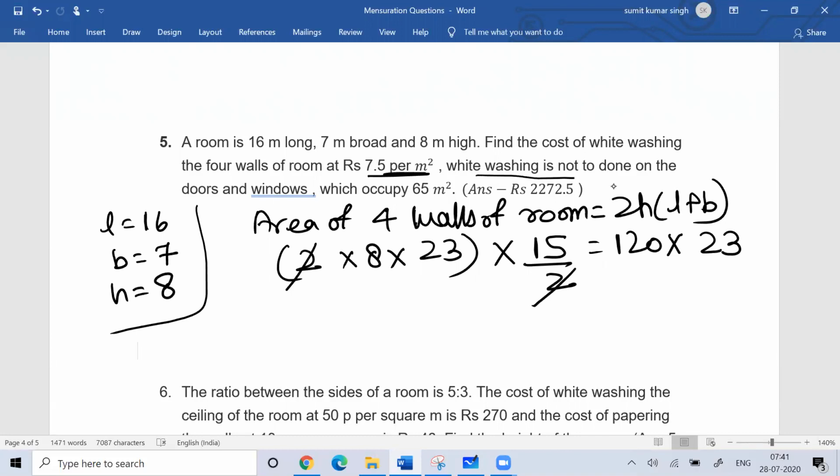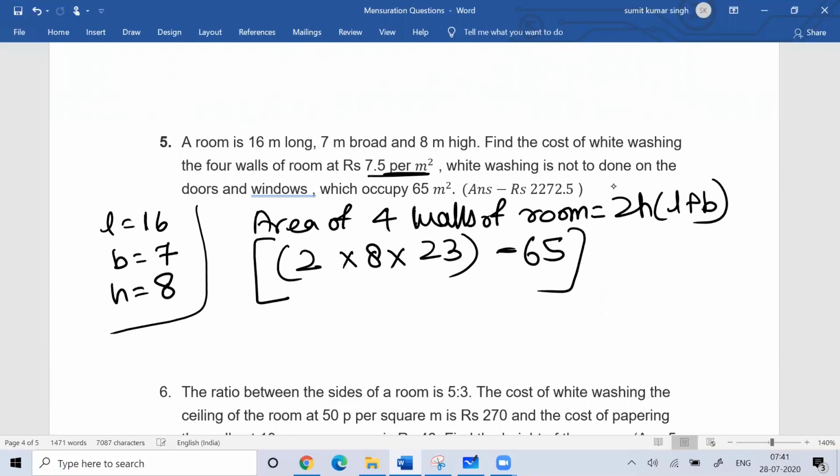They wrote whitewashing is not done on the doors and windows which occupy 65 meters square. So from this area, you will subtract the area of the doors and windows, which is 65, and then on the remaining you will multiply 7.5.